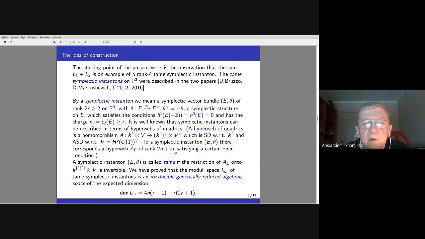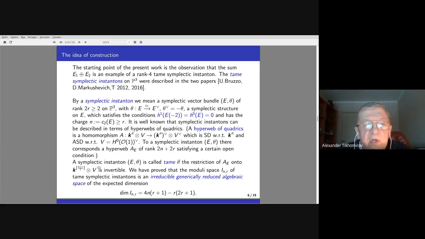Now, among all symplectic instantons, we distinguish the so-called tame symplectic instantons, which are defined by the condition that if we take the corresponding hyperweb and restrict it onto a subspace in K^n of power the integral part of (n plus r) over 2 times V, we impose the condition that it is invertible.